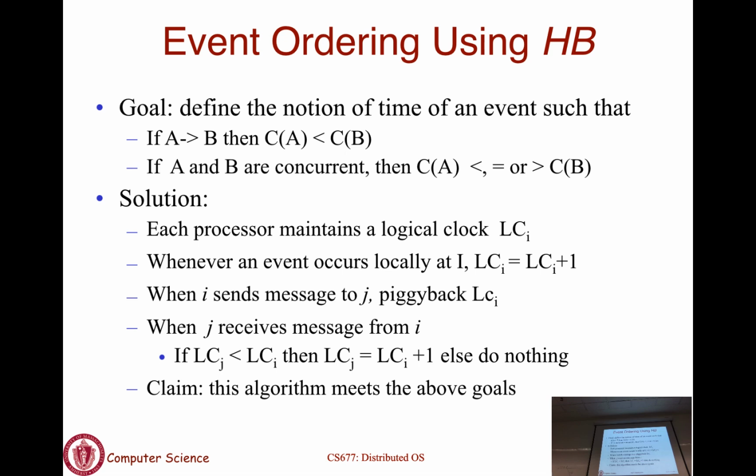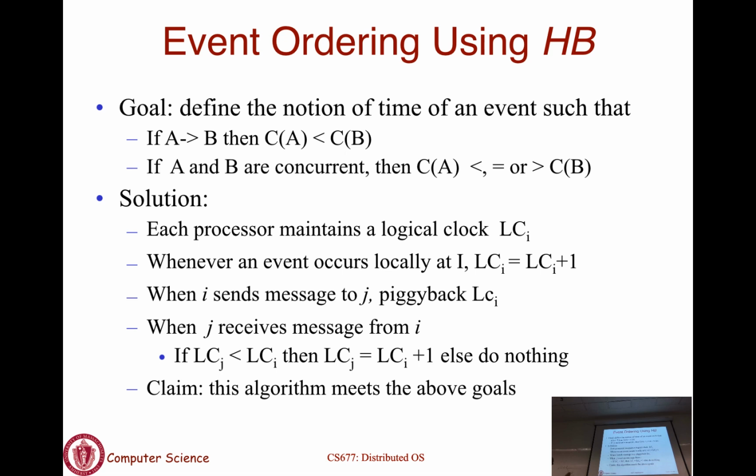When you receive the message, you are going to take your local clock value and the clock value that came with the message, and take the max of the two. Then assign that event the max of the two clock values plus 1. So let's say this was event 1, this was event 2. The receive would have been event 3 had it been a local event.